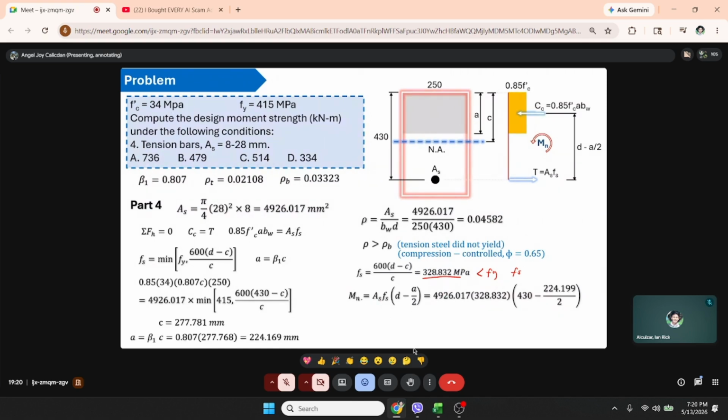So, solving for Mn, AS Fs, since it is less than Fy, times D 430 minus 224.169 over 2.